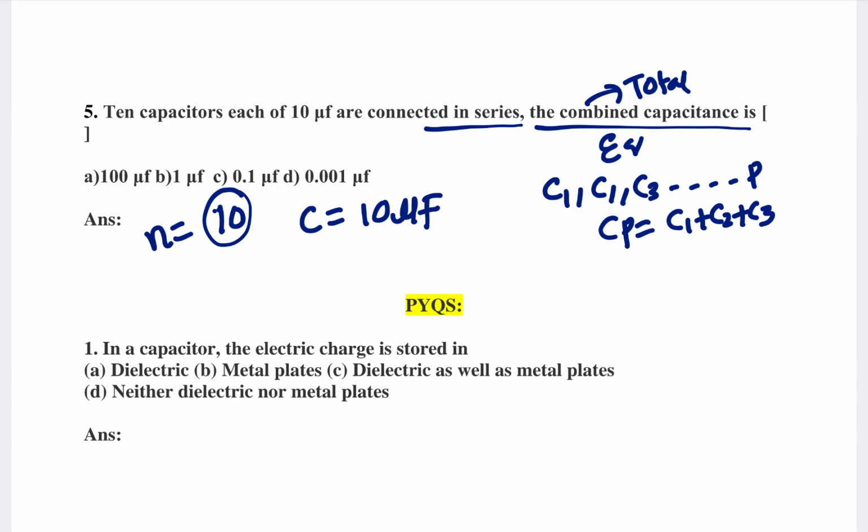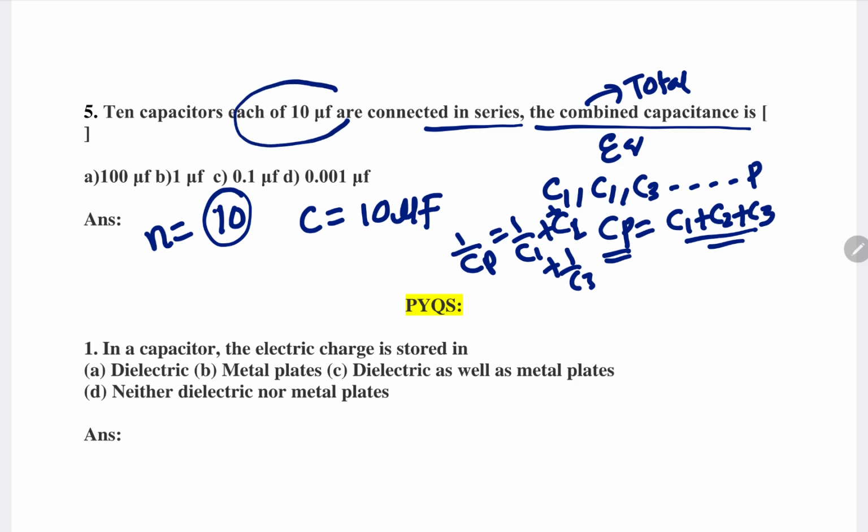Resistance and inductance formulas are similar, but the capacitance formula is opposite to the resistance formula. When connected in parallel, this is the formula. When connected in series, 1 by C equivalent is equal to 1 by C1 plus 1 by C2 plus 1 by C3.